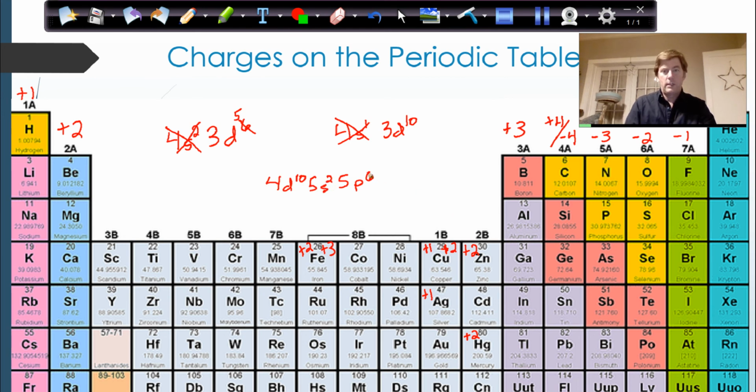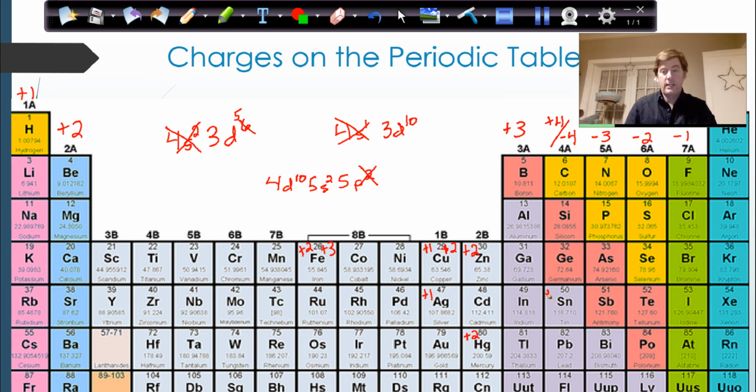So, not 5P6, 5P2. That's right. You guys caught me on that one probably. So, when we look at tin's configuration, the outermost electrons that it can lose are these ones here from the 5P.